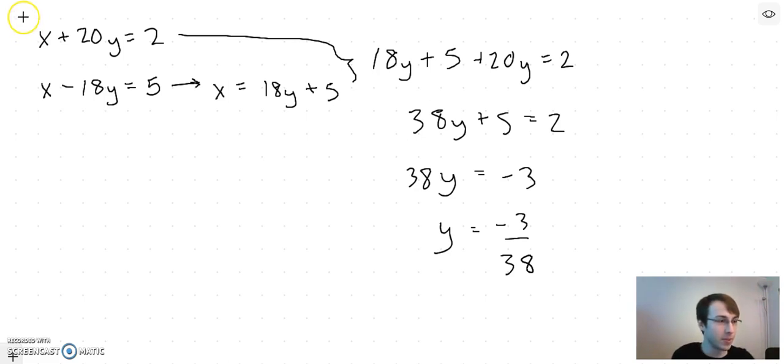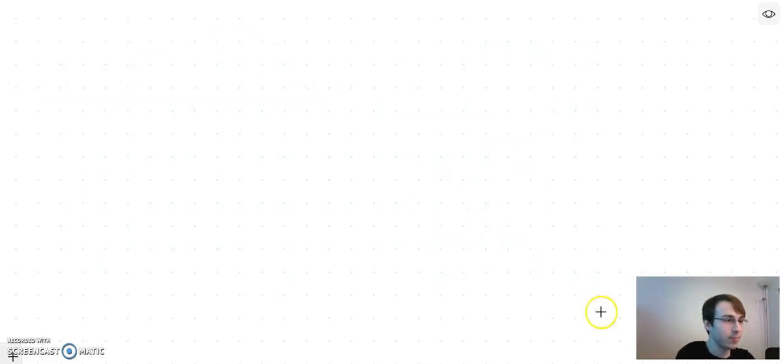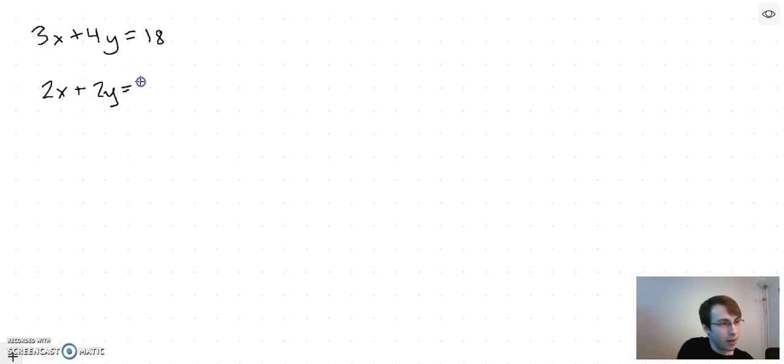Let's do one more substitution problem. Something where they're not equal to each other. So let's take 3x plus 4y equals 18, and 2x plus 2y equals 3.